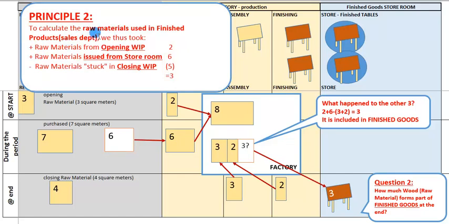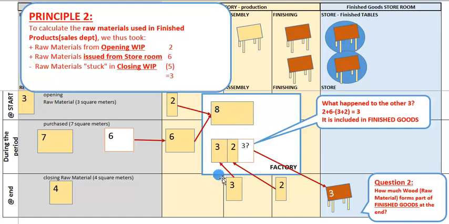To calculate the raw materials used in the finished goods, important, the finished goods. So the first stage was to calculate how much raw materials went into the factory. And the second question was to calculate how much raw materials came out of the factory into the finished goods. So first, how much went into the factory, and then how much came out of the factory into finished goods. Right, so to calculate that, we took the raw materials in opening work in progress, plus the raw materials issued from the storeroom, which was the 6, that gave us the 8 in the factory.